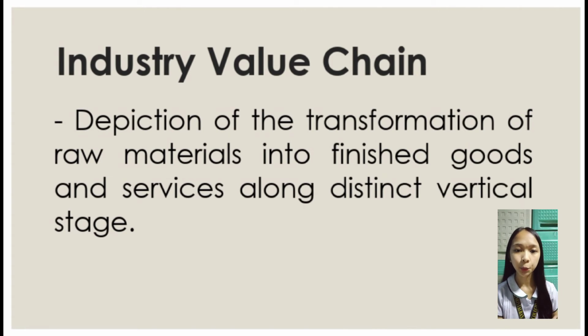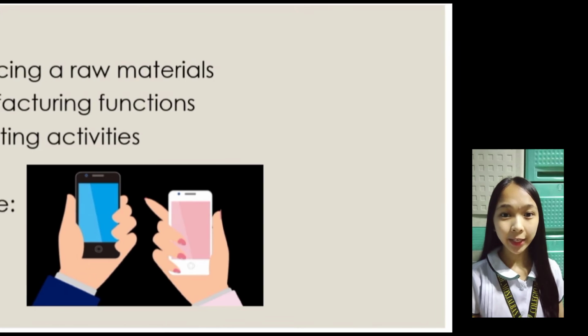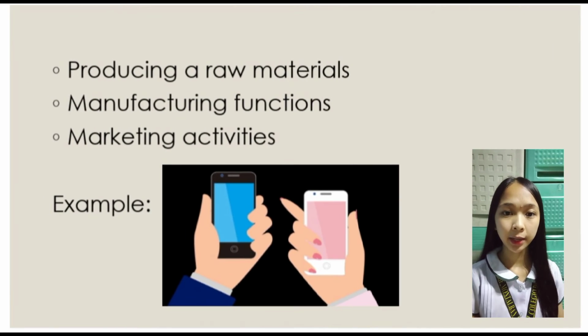For a company to produce a product, the industry value chain comprises the steps involved in bringing the product from conception to distribution, including producing raw materials, manufacturing functions, and also the marketing activities.